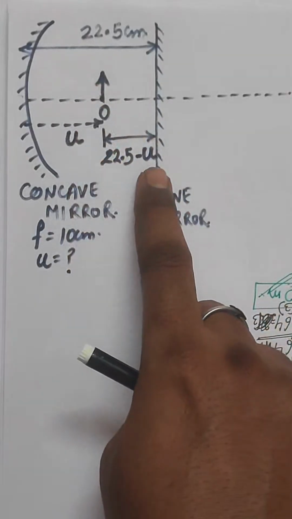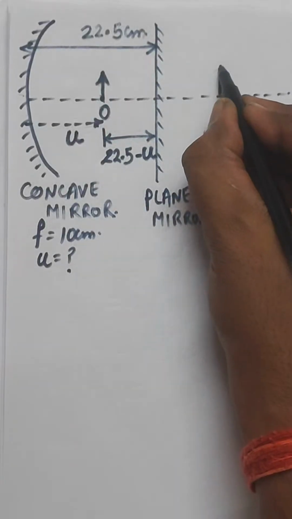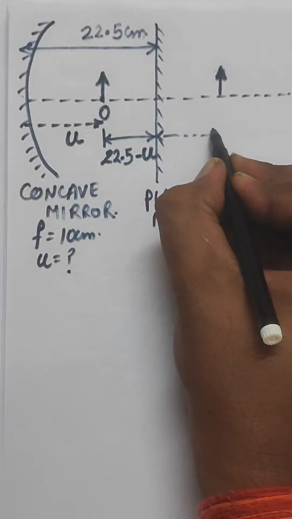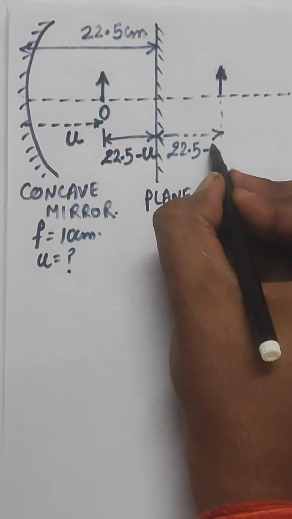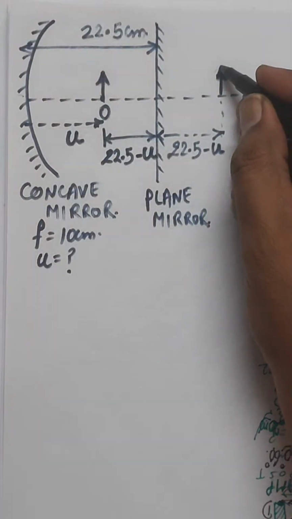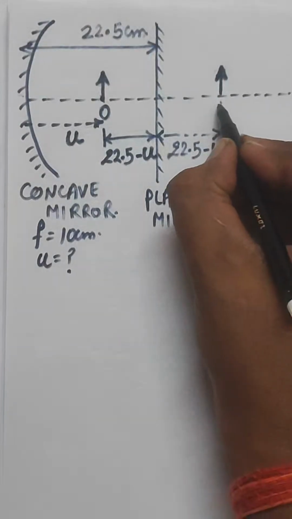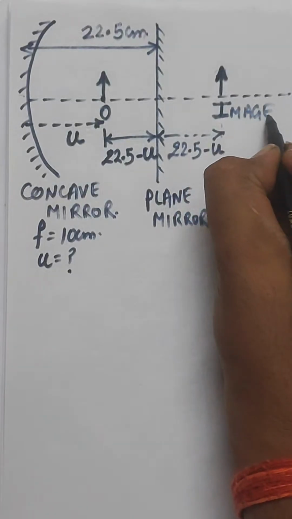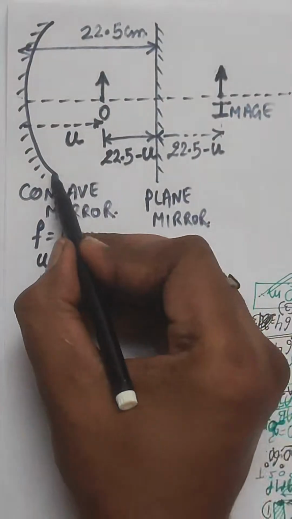If the object is placed at 22.5 minus u, then the image will also be formed, let's say at this point, at the same distance, that is 22.5 minus u, isn't it? So this is the image.